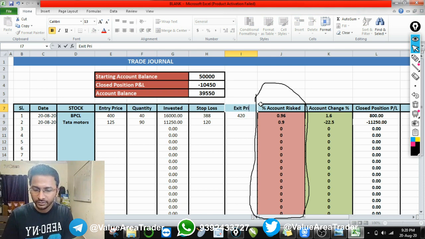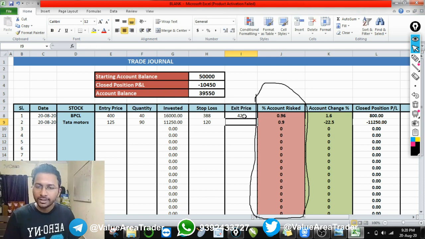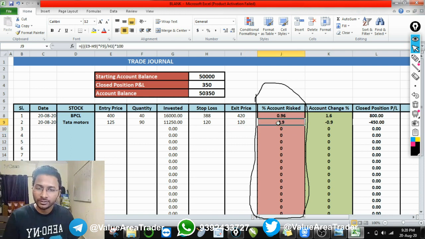Exit price. Okay, 120 is my exit price. So you will see my account change is minus 1%. That means whatever amount I risked, all of it went from my account. So the total final loss was minus 450, and that is reflected here.